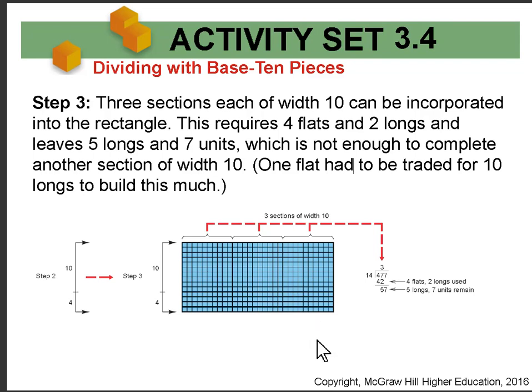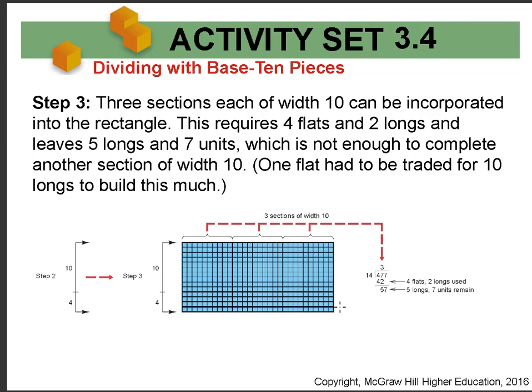So we had to trade one of our flats for 10 longs. So we have 3 flats plus 12 longs, which is 3 flats plus 1 flat plus 2 longs.